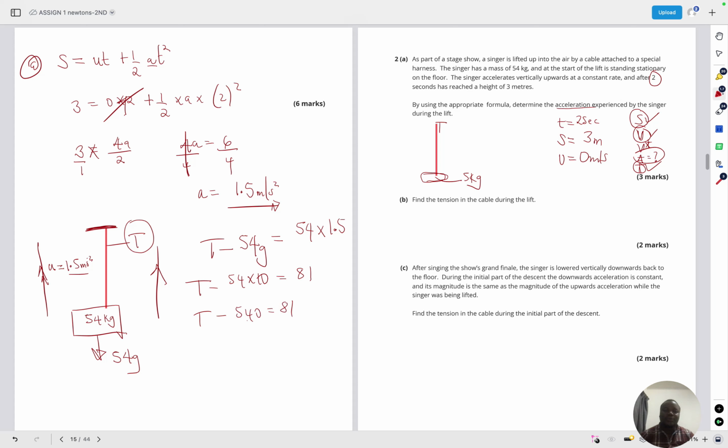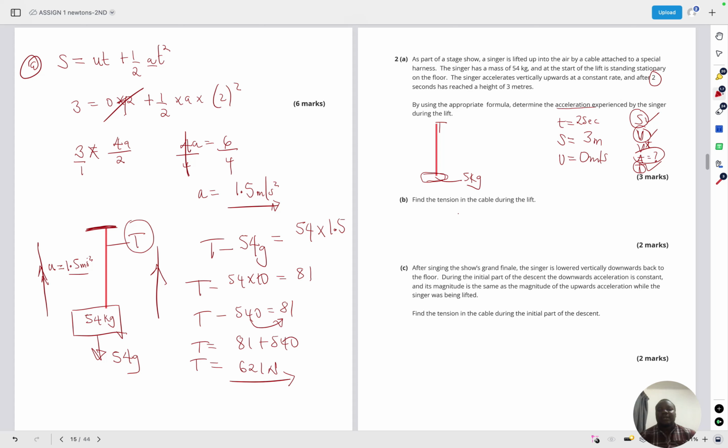So what we are now doing here, we're trying to calculate the tension. We transpose this to mean tension is equal to 81 plus 540, and this gives us the answer of 621 newtons. So the tension in the string is actually 621 newtons. The diagram does really help in these questions.